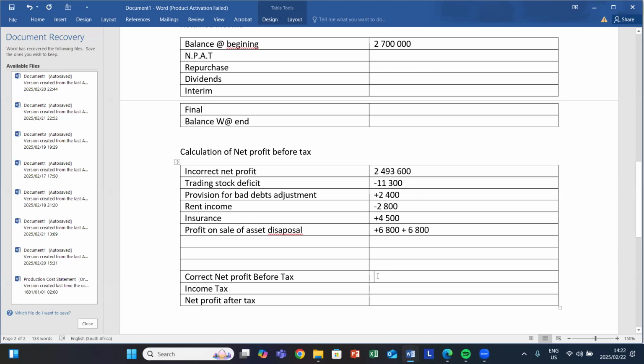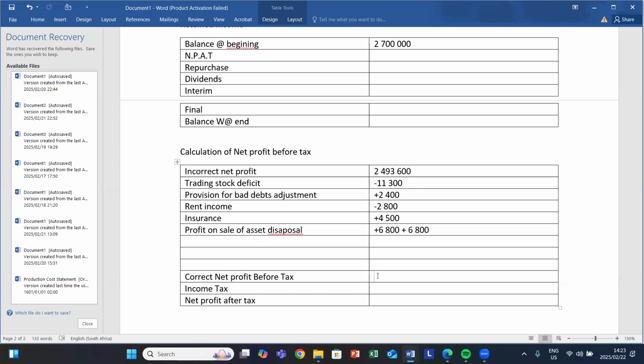Everything is good. Let's calculate the correct net profit before tax. So for us to calculate the correct net profit before tax, we'll say 2,193,600 minus 11,300 plus 2,400 minus 2,800 plus 4,500 and plus 6,800 and plus 6,800.